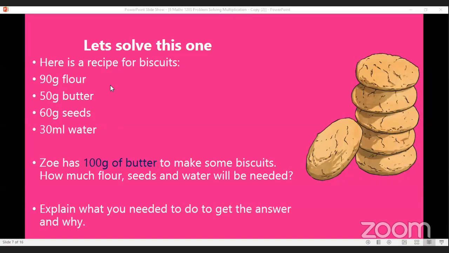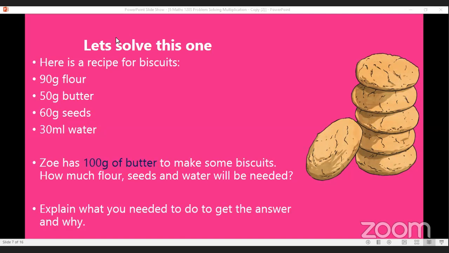So now, how much flour will Zoe need? She'll need 180 grams. You are right. And then what about the seeds? She'll need 120.